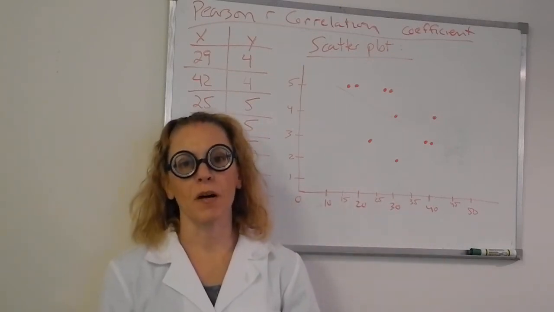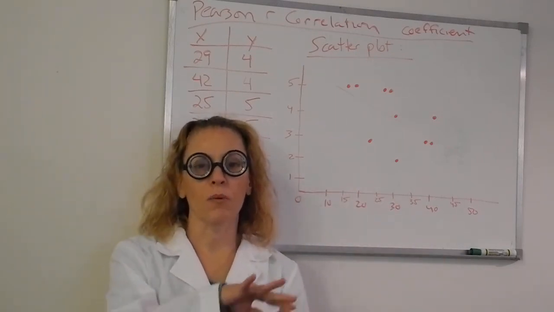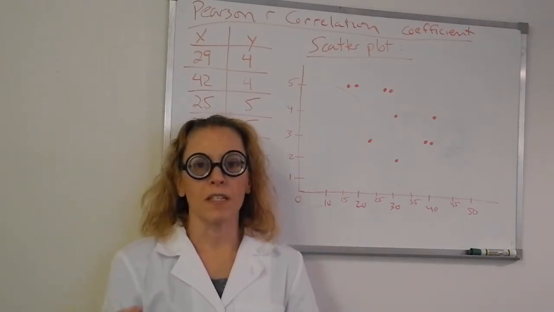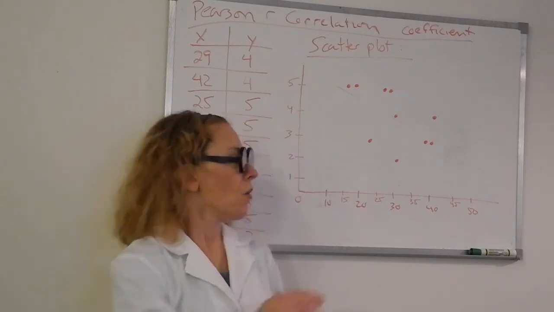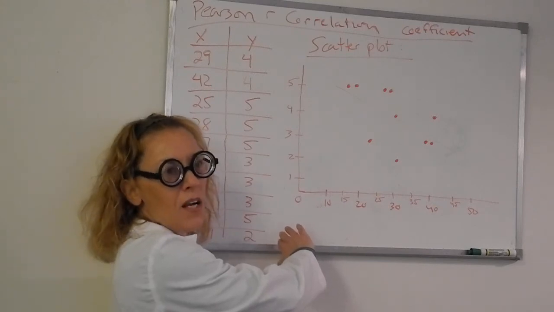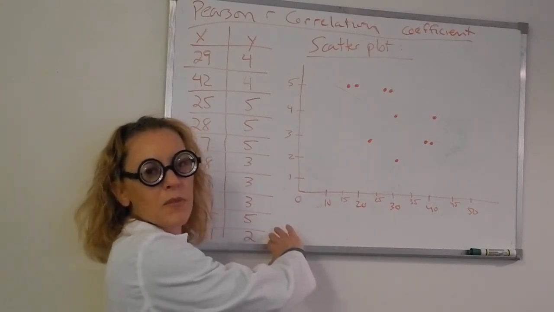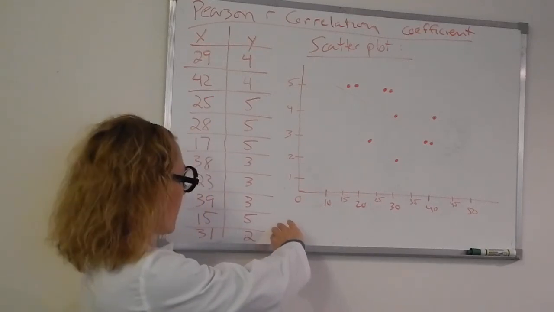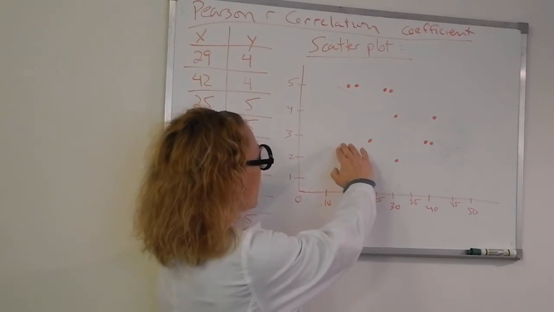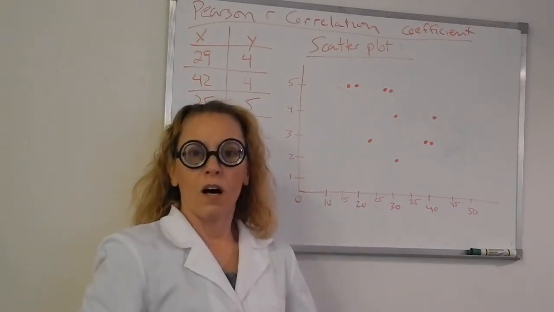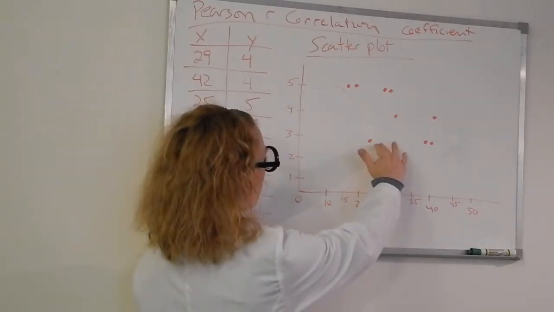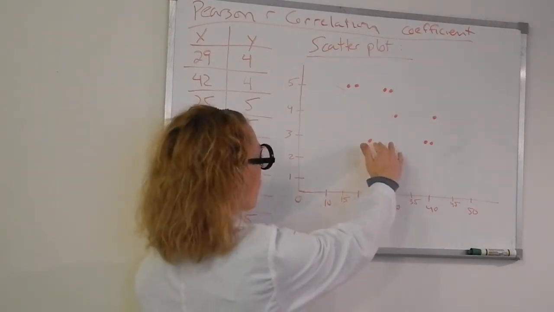And I talked to you in class about how some variables are related to each other in a curvilinear way. The best example is the arousal and performance example, where you start off here with no arousal, you have no performance. Your performance is awful because you have absolutely no concern or excitement about the activity, and as you increase in your excitement and concern with the activity, you get more and more better at your performance, and so you get to this level here, which is called the optimal level of arousal for the best performance.